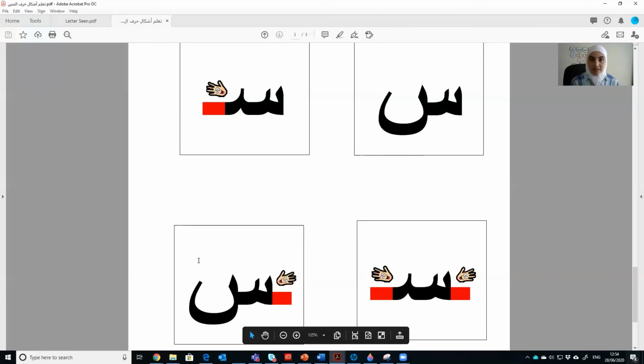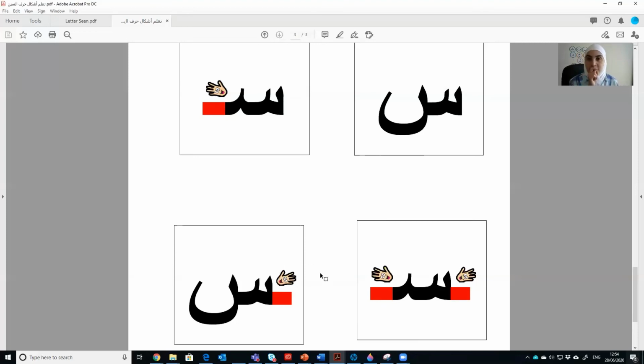Okay, and this is the last form of حرف السين. Also has one hand. له يد واحدة. Has one hand. Why? To connect with the letter before.